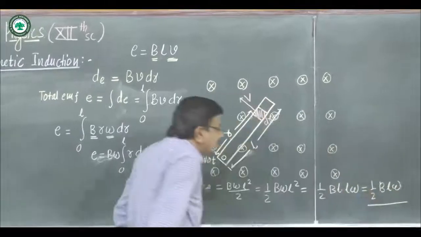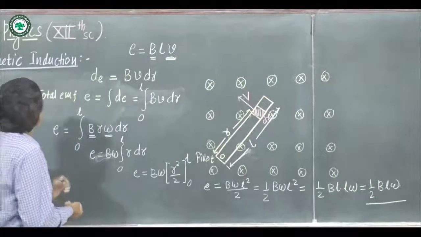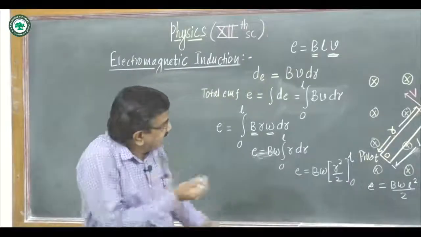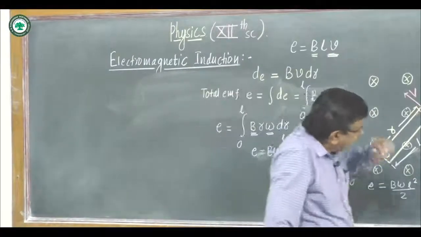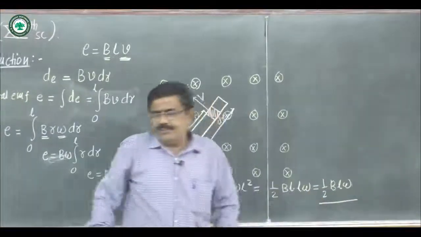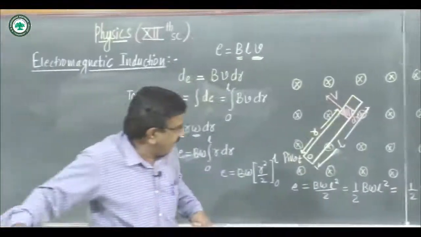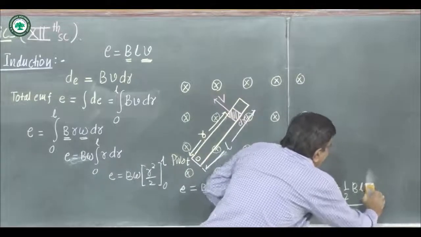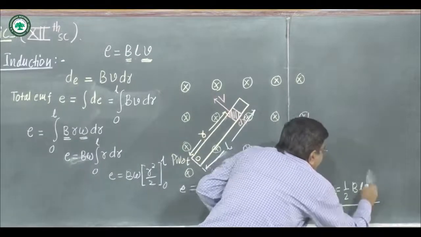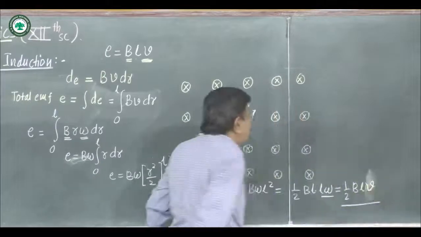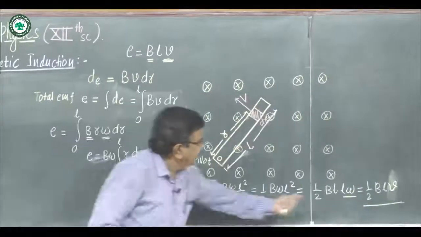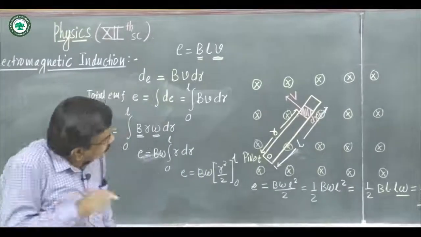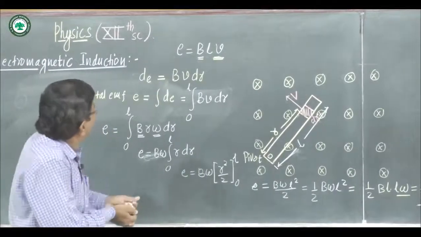So this is the expression for motional EMF in a rotating bar, and that motional EMF is 1/2 BL into V.